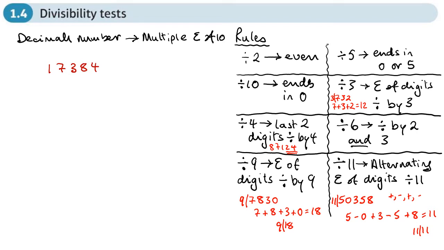Now I can write that number as 1 times 10,000 plus 7 times 1,000. So I'm writing it as a sum of multiples of 10, plus 3 times 100 plus 8 times 10 plus 4. Okay, so we're multiplying by these powers of 10 here.